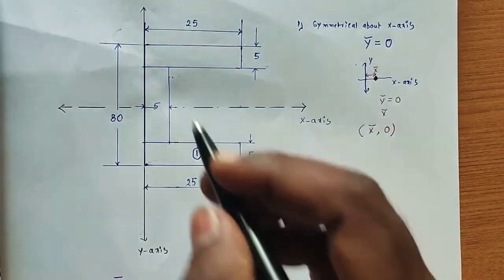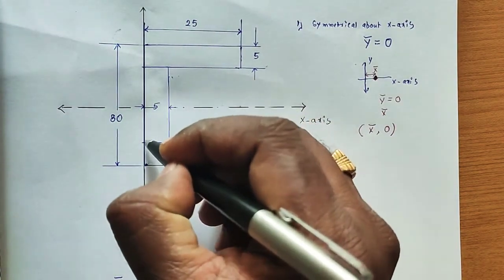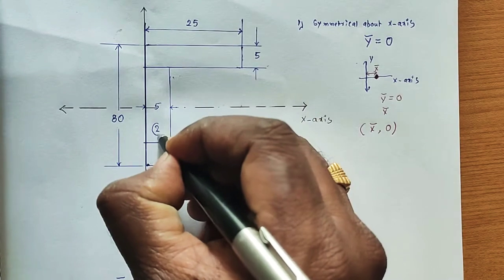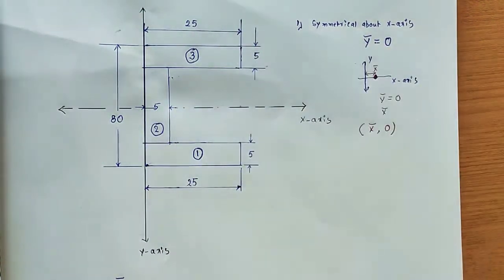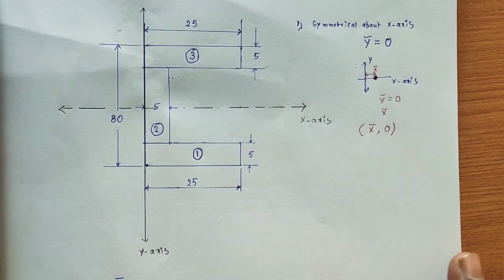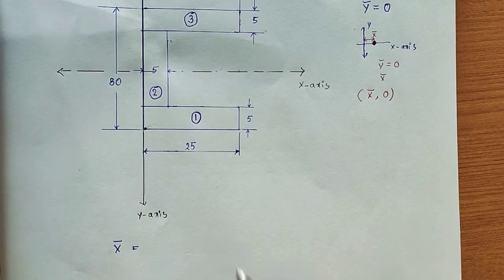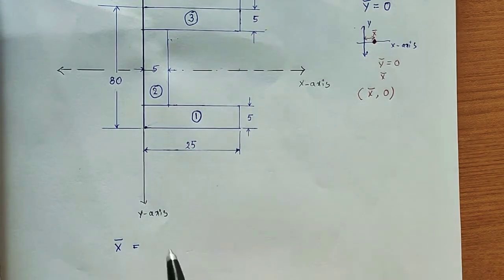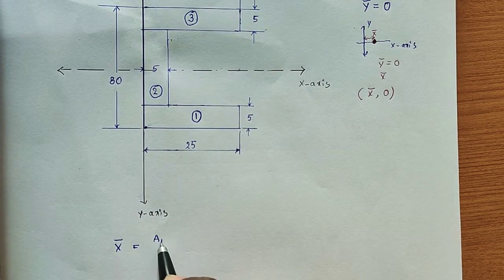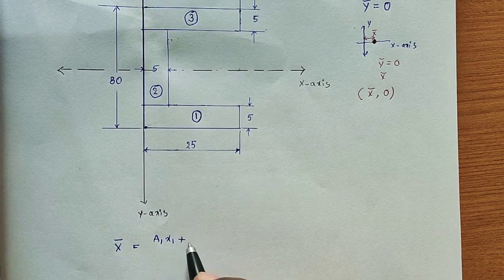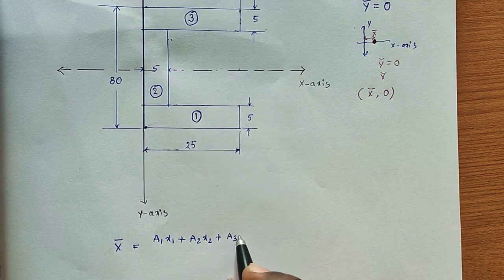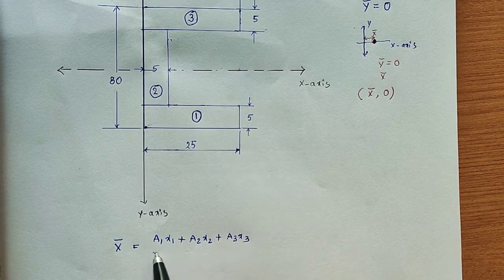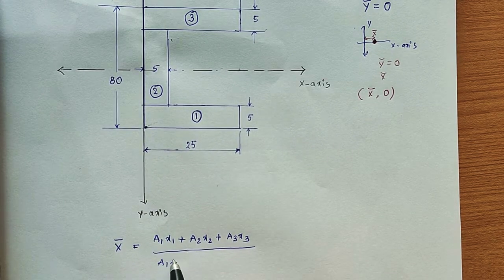We are splitting like this. From here to here, this we are considering as the second rectangle, and the third rectangle is here. So here we have three rectangular elements. So x bar equals a1 x1 plus a2 x2 plus a3 x3 divided by a1 plus a2 plus a3.